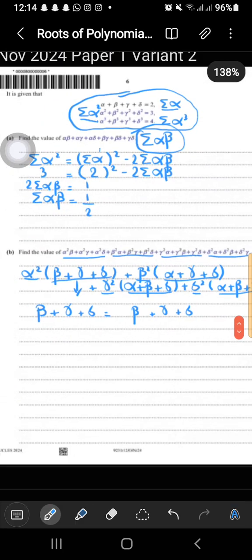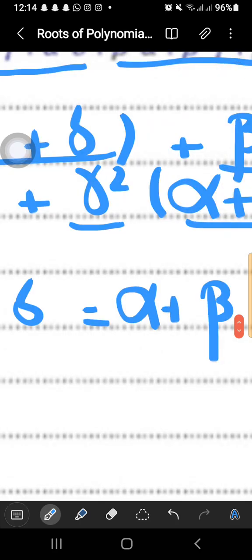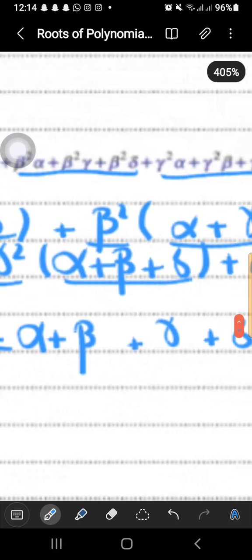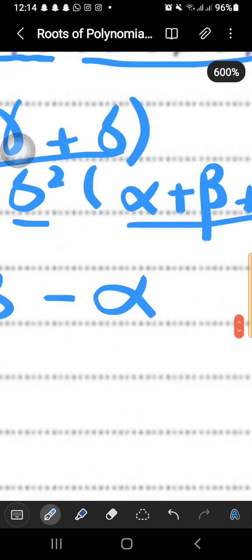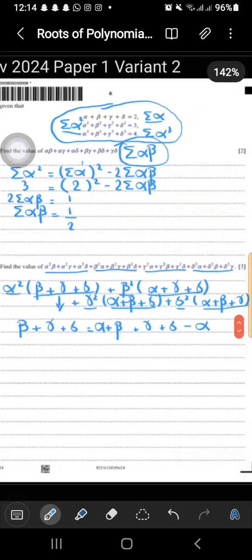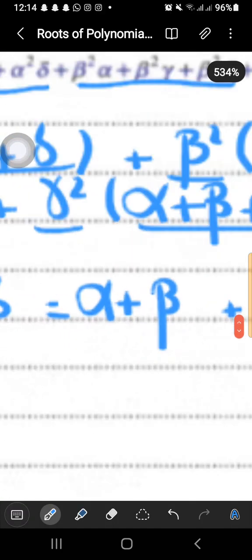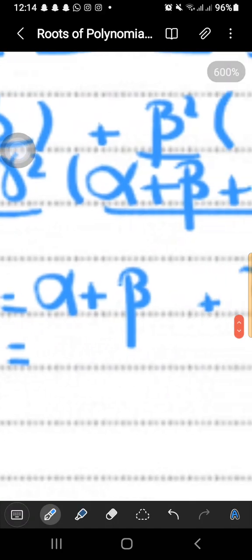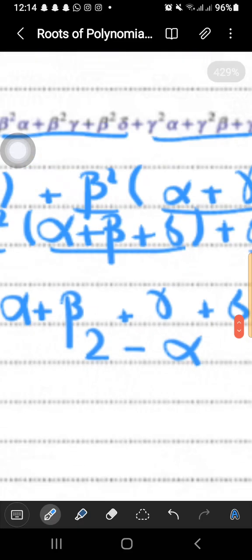Currently they are both the same. Now I am willing to add alpha here, alpha plus beta plus gamma plus delta, and to balance it I will subtract alpha here. Now alpha plus beta plus gamma plus delta is given as 2, so we will write 2 minus alpha.